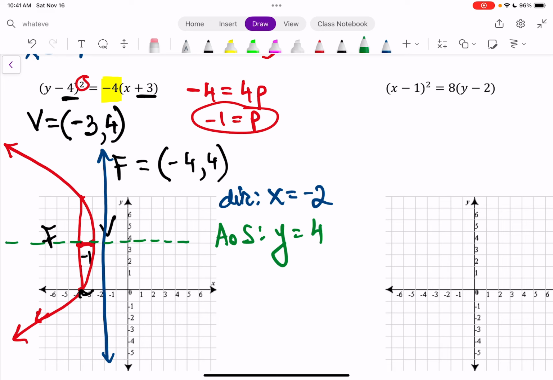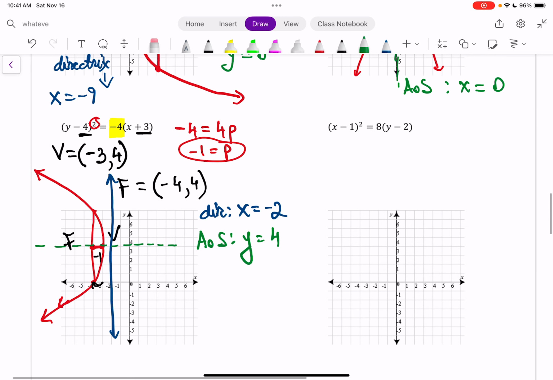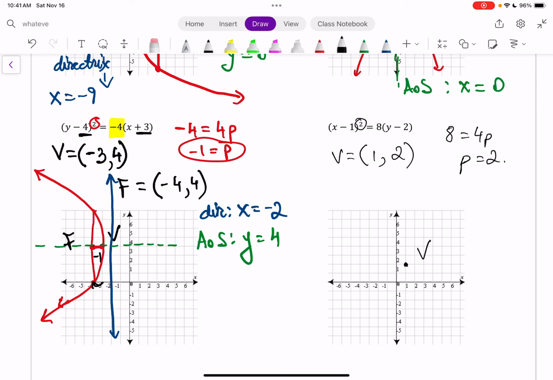All right, and you guys try this. Think your way through. Start with the vertex. And again, I hope you've paused this video and tried and now come back. 8 stands for 4p, therefore p is equal to 2. X is the one being squared, so it's a quadratic function.